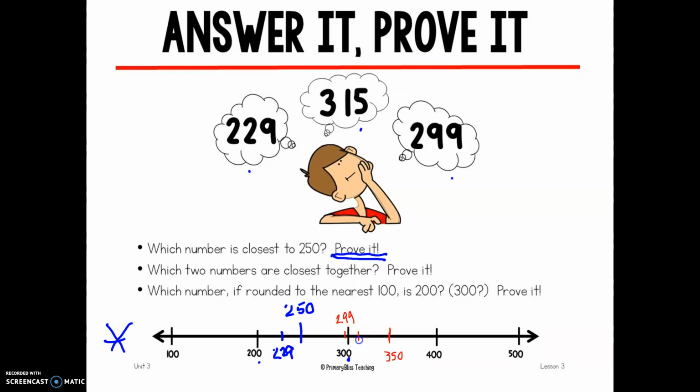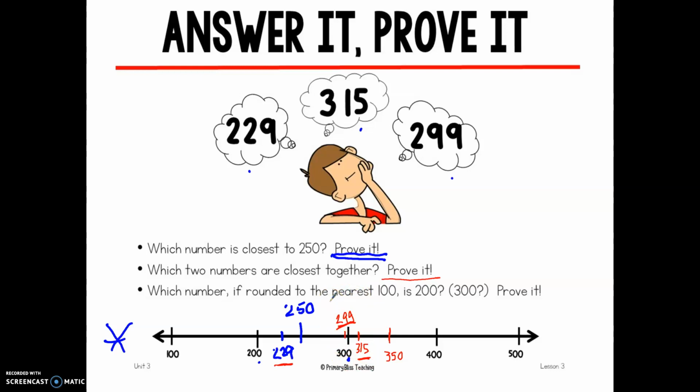I'm going to say 315 is going to go about right there. So when I look at what numbers are closest, here's 229, there's 299, and here's 315. Definitely 299 and 315 are closest. And I've already proven it because I have them on the number line where I think they should be.